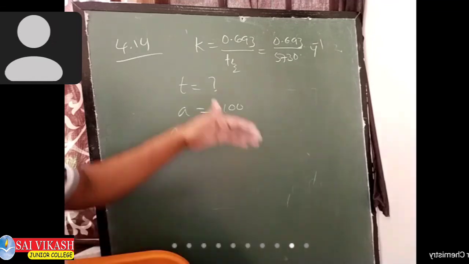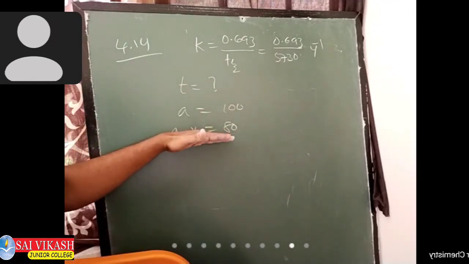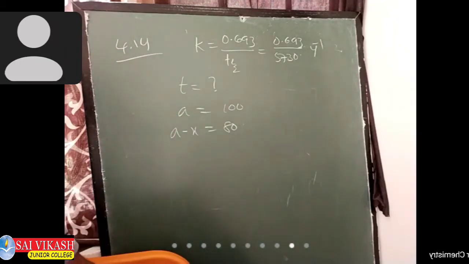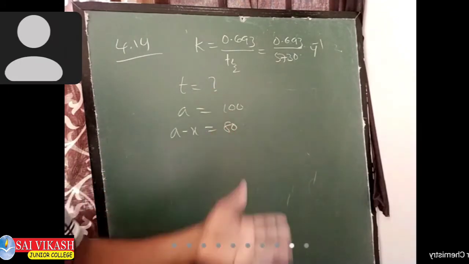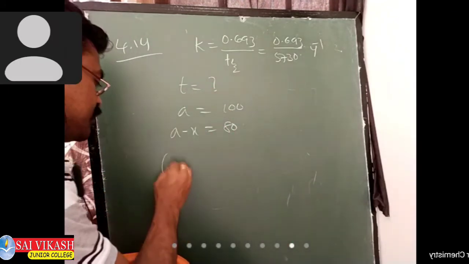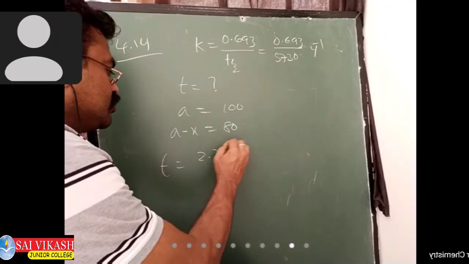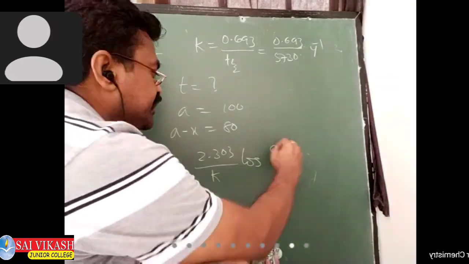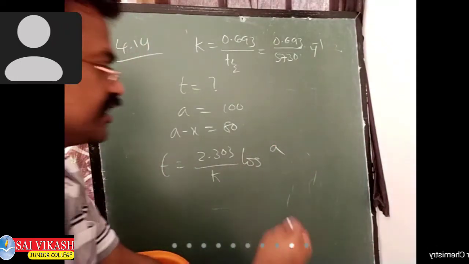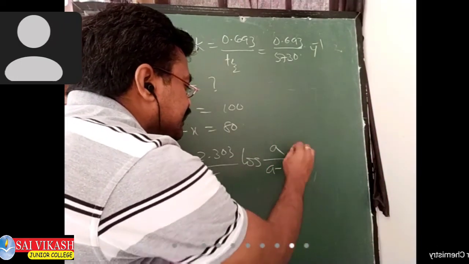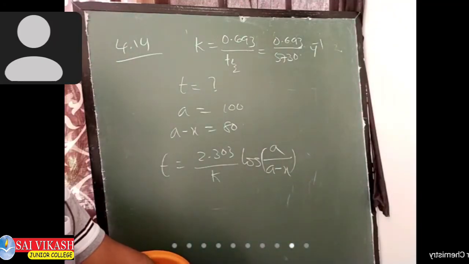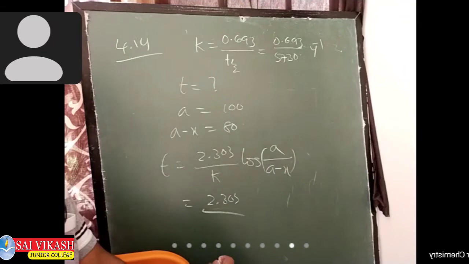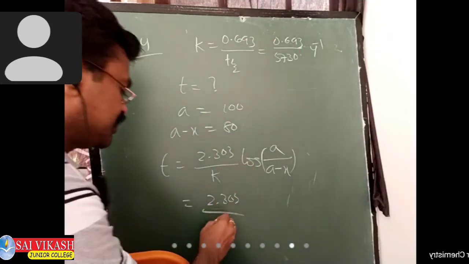Means initially whatever you take, 80% is left, means 20% is gone. X is 20 there. So time is needed. Time means that is only the age of the sample. So direct formula: T equal to 2.303 by K log of initial A by final A minus X. So substitute in that. So 2.303 by K is 0.693.